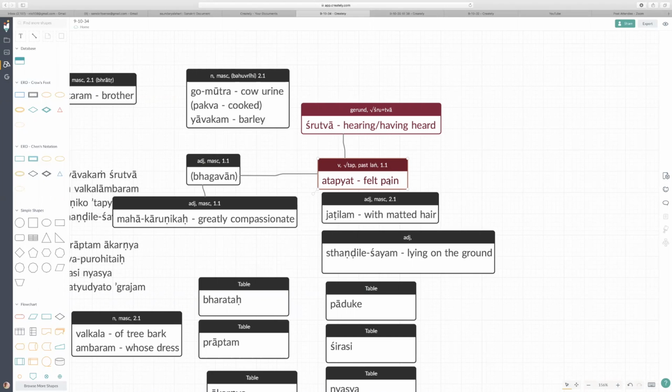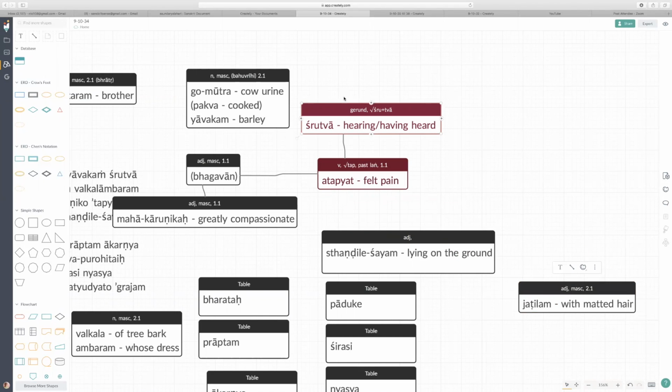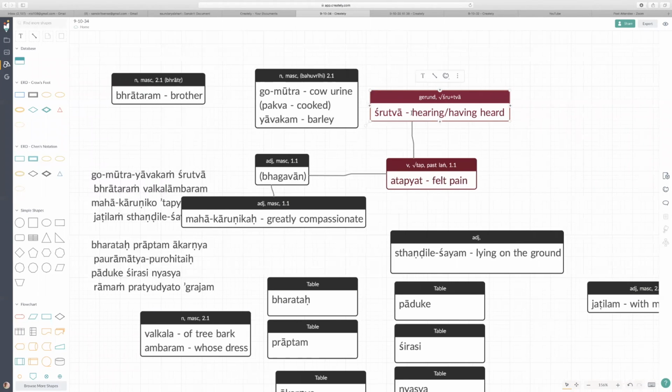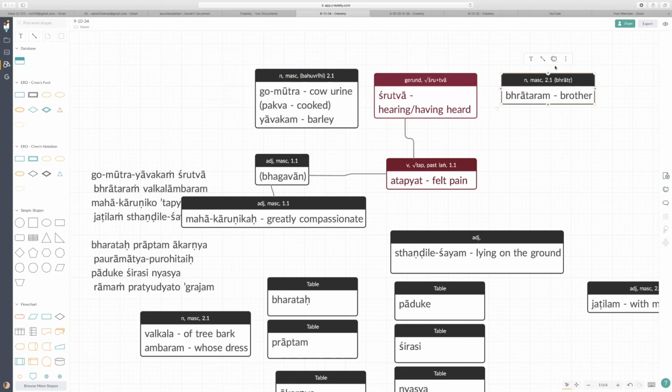You cannot feel pain somebody or feel pain something. Therefore there is no object for such verbs in Sanskrit, but shrutva could have an object, hearing something. Do we have an object for shrutva? Bhrataram, brother. So what's the idea? Hearing his brother, what do we mean to say?